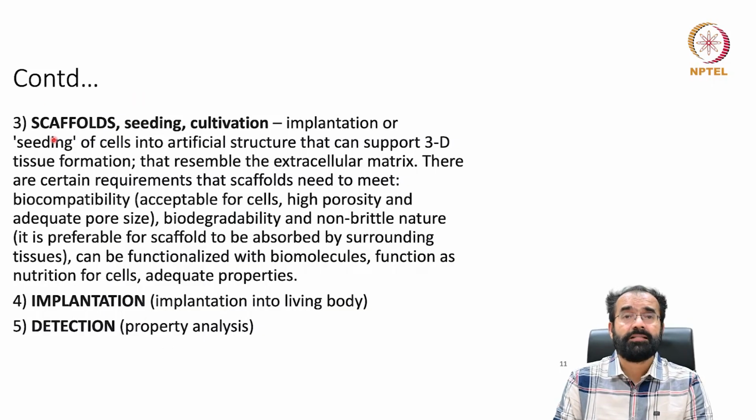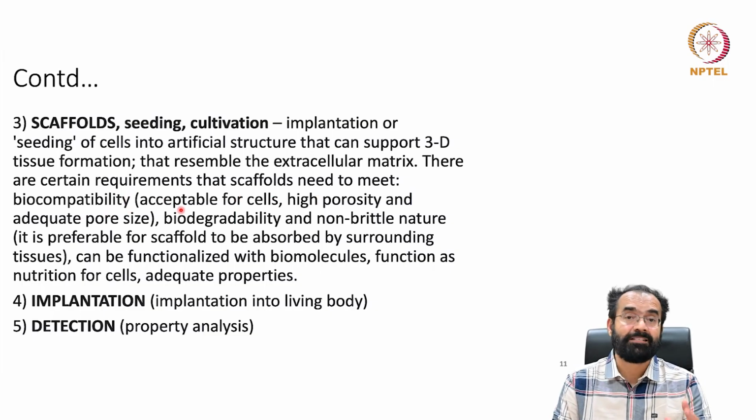So if you look at the scaffolds and seeding and cultivation: implantation or seeding of cells into an artificial structure that can support 3D tissue formation and that resembles the extracellular matrix. This is one approach that is extensively used, and there are certain requirements that scaffolds need to meet. What are they?